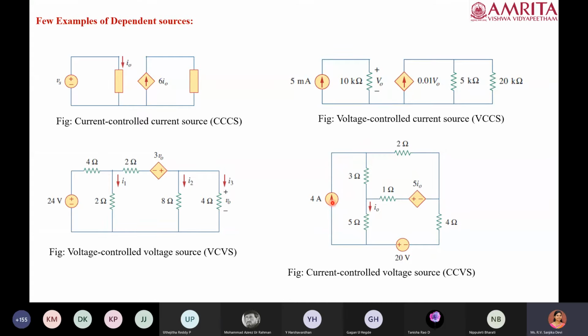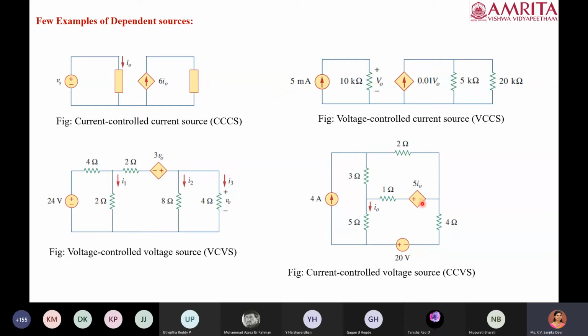Okay. So it is independent of the rest of the circuit. Whatever be the circuit element you connect it to this 4 ampere, it will constantly supply a 4 ampere current. It is not influenced by the current or voltage present in the rest of the circuit. So that's why we call it an independent source. And the same thing is applicable for this 20 volt. Irrespective of the circuit elements connected, this will constantly give a voltage source of 20 volt.